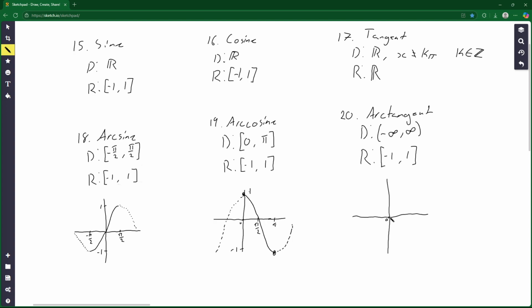So with this one, tangent was basically just rotated 90 degrees. So you're going up this way and back there, and you're going down this way, and back down there. Originally, it would be something like that. And that is really it for the entire review packet.